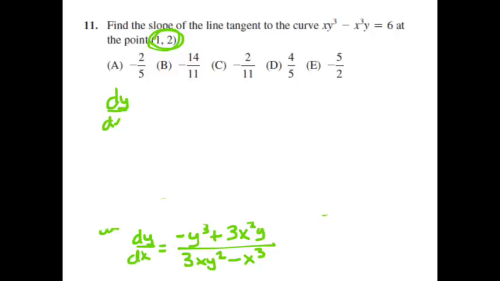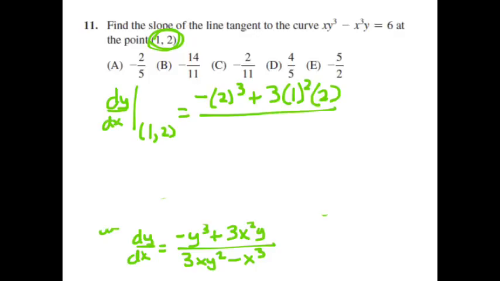So dy/dx evaluated at the point (1, 2) is equal to negative y cubed, so negative 2 cubed, plus 3 times x, which is 1 squared, times y, which is 2, over 3 times x, which is 1, times y, which is 2 squared, minus 1 cubed.